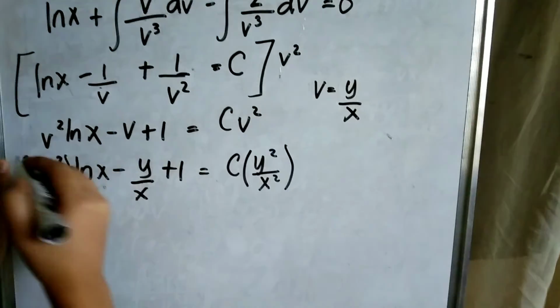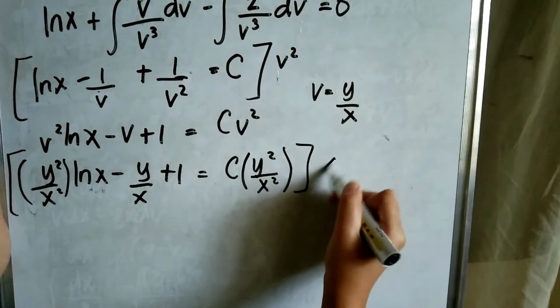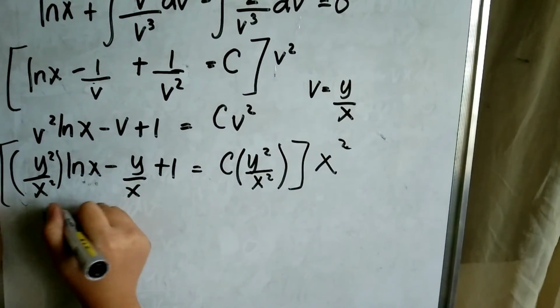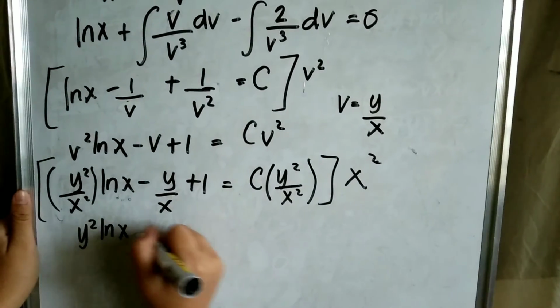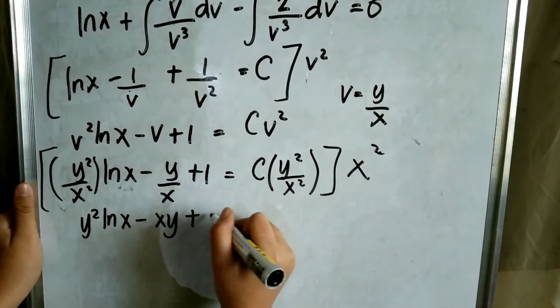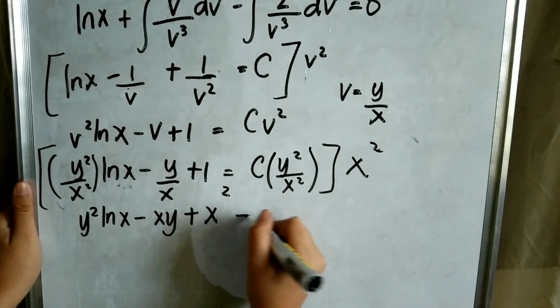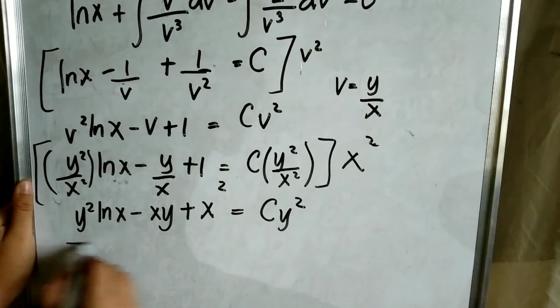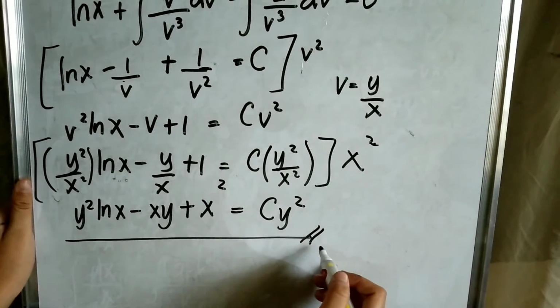And then we will multiply both sides by x squared. This will become y squared ln x minus xy plus x squared is equal to c y squared. So this is now our general solution.